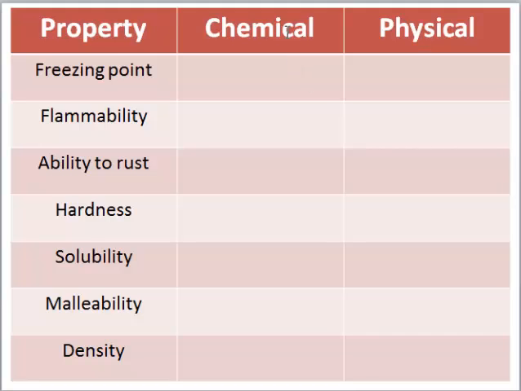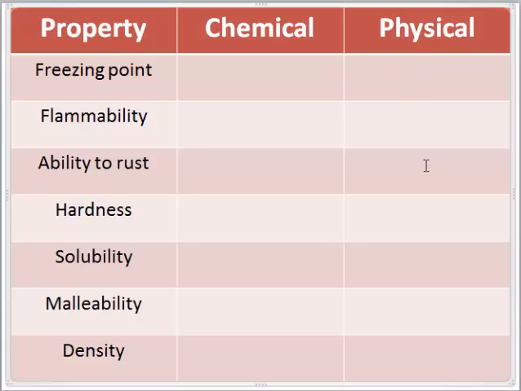Alright, so let's go ahead and look at if something's going to be a chemical or physical property. So your freezing point, so that's when a liquid becomes a solid. So that's going to be a physical property. Flammability, if you catch something on fire, you can't undo the damage. So that's going to be a chemical. The ability to rust.